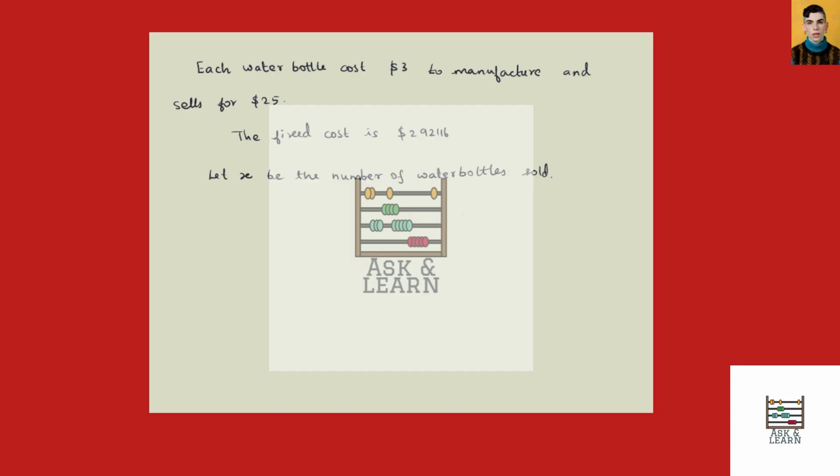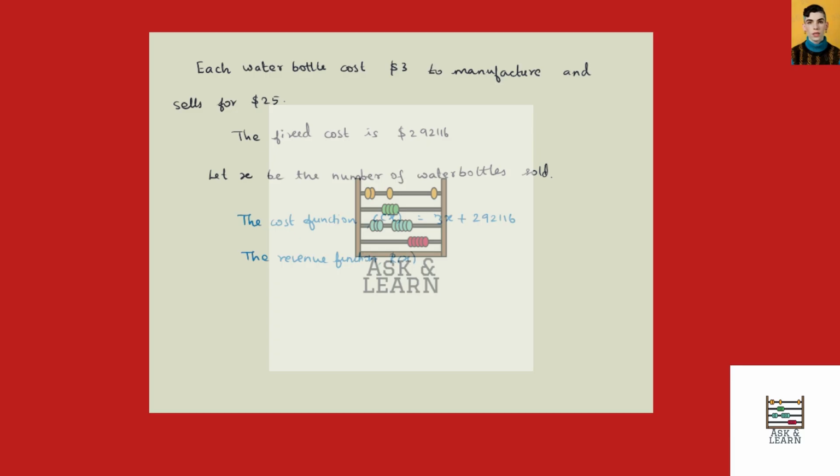So first we can define the cost function, which can be represented as C of X, which equals fixed cost plus variable cost. Here it costs $3 for each bottle, so it is 3 into X plus the fixed cost, which is 292,116.